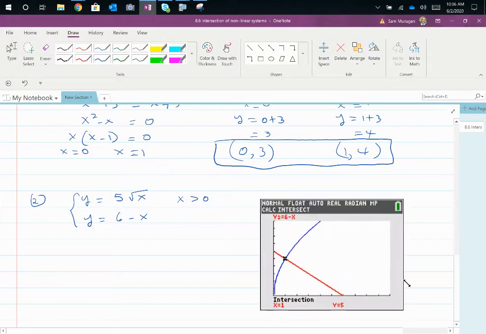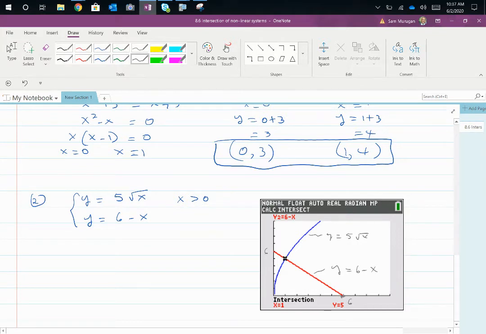Okay, the first graph is our square root, y is equal to 5 square root of x. And the second graph is y is equal to 6 minus x. As you can see, it's a negative slope graph with intercepts at 6 and 6.